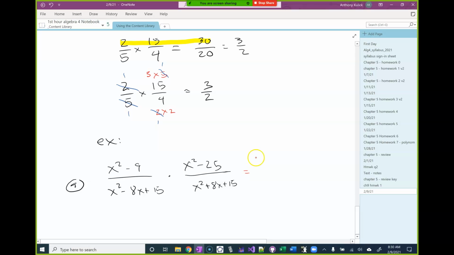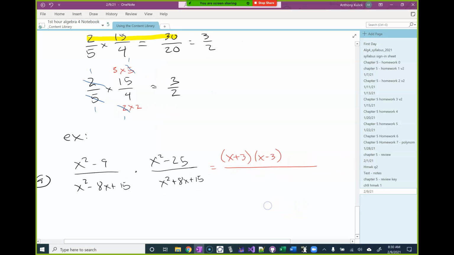Very good. X plus 3, x minus 3. Thank you. And then x squared minus 25. What does that one factor to? X plus 5. And then x minus 5.